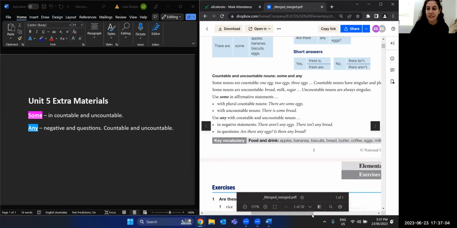Countable nouns have singular and plural. Some nouns are uncountable. We had that list before. Bread, milk, sugar, butter. And they're always singular. Some with plural and uncountable.